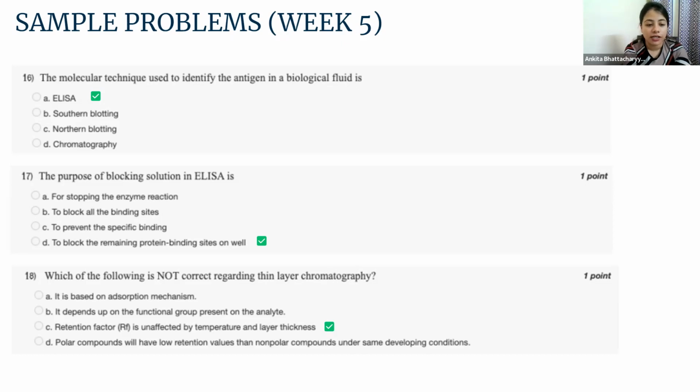But the options here are asking whether it is based on adsorption mechanism, whether it depends upon the functional group which is present on the analyte, whether retention factor, RF, is unaffected by temperature and layer thickness, or whether polar compounds will have low retention values compared to non-polar ones under the same developing conditions. Here, option C is the incorrect statement, because we've been asked which of these is not true. And in fact, yes, retention factor gets affected by temperature and layer thickness. So that's the answer to this question.